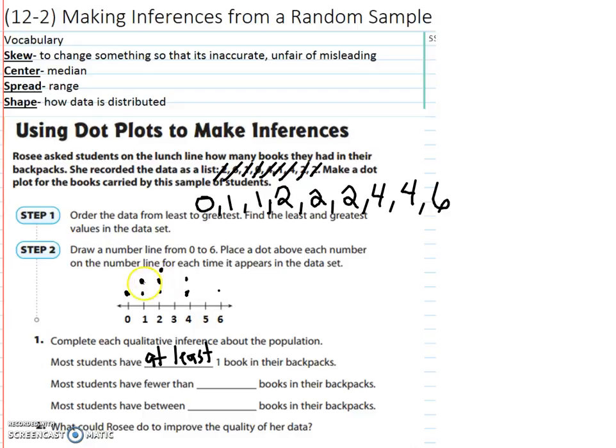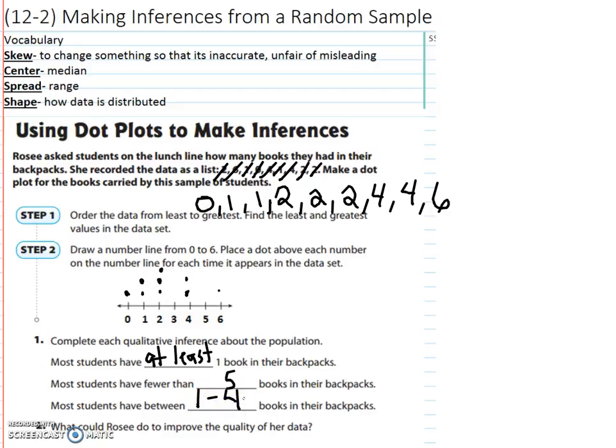So we're going to have at least 1 book in their backpack. All right, most students have fewer than 5 books in their backpack because for the most part, most of the data is fewer than 5. And most students have between 1 and 4 books in their bag.